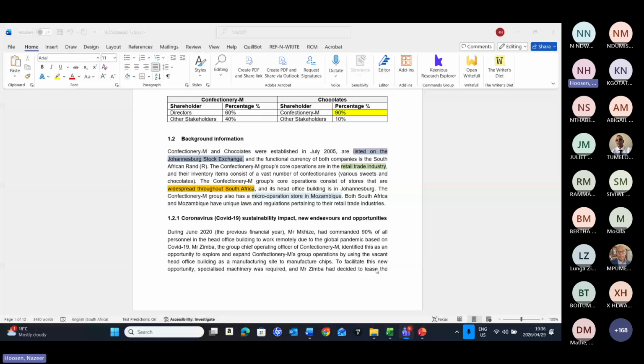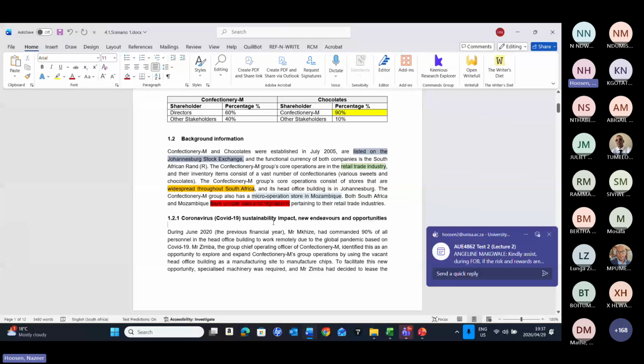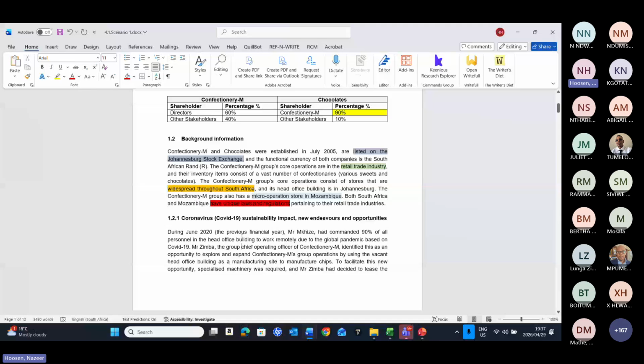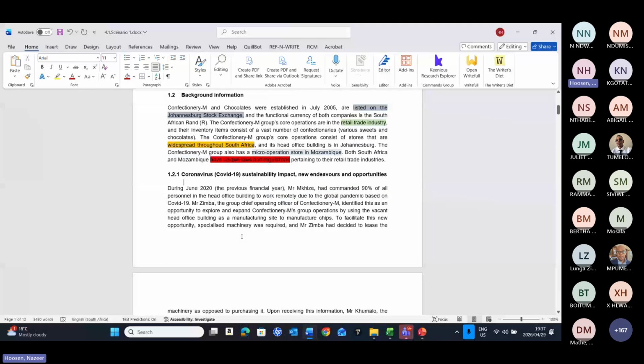Both South Africa and Mozambique have unique laws and regulations pertaining to the retail trade industries. When you see laws and regulations, what's the possibility of non-compliance? Now we see that there are various aspects which come into play. Coronavirus sustainability impact, new endeavors and opportunities.